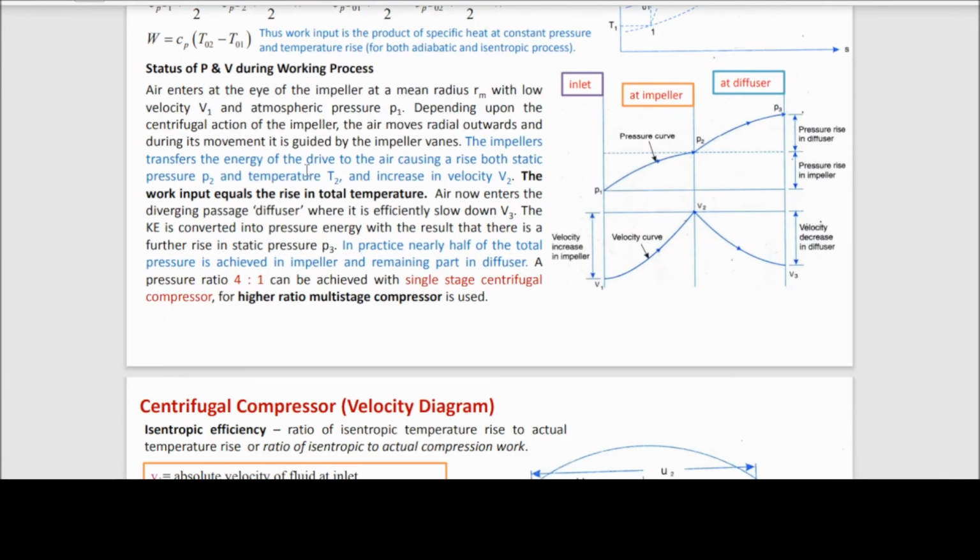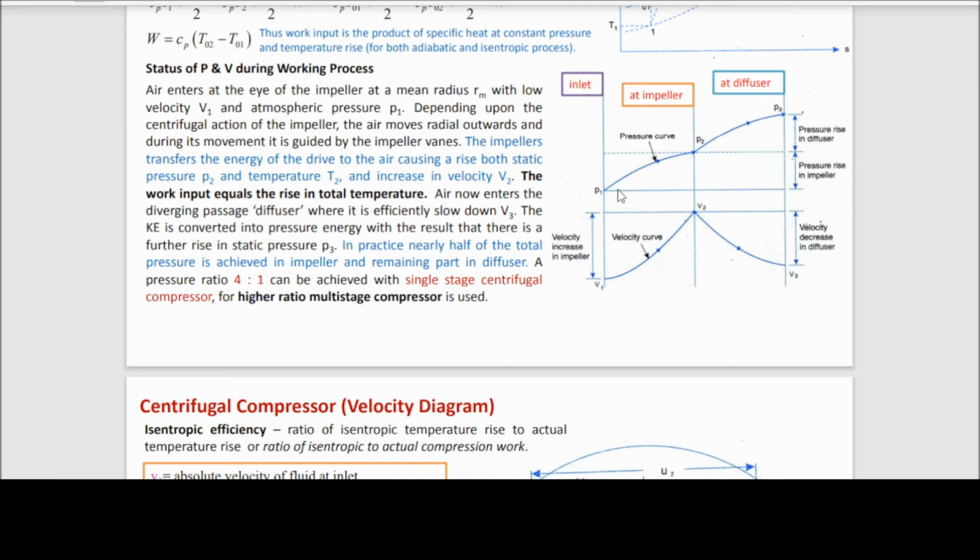Now in this figure I will explain that the fluid is entering into the compressor at P1 and temperature T1, and it passes through the impeller, and the pressure is increased till this point.